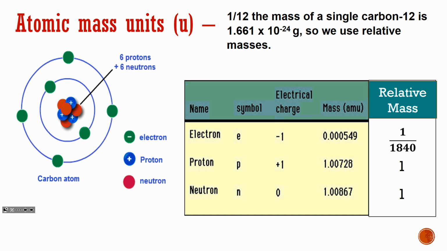All right, so as we're looking at this, when they talk about atomic mass units, in order to get an atomic mass unit, we took carbon-12 because it's very stable and we could measure its mass, and we take 1/12 of that as the mass of an atomic mass unit, or a U. So that's how we got these from the previous slide, where it was 1840, or basically 0.005 as a difference.